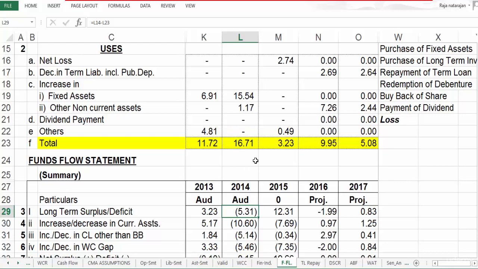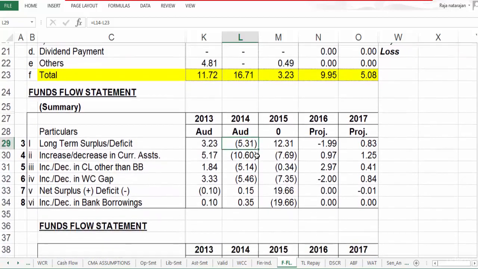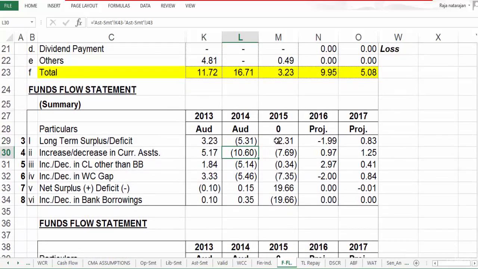From where have they funded? Now I'm going to tweak this a little. Okay, from where they have funded, I made some changes in these numbers. Okay, follow closely. This company has a deficit of 5.31 crore. And here if you notice the increase or decrease in current assets, there is an increase in current assets. That is, some investments were made in current assets to the extent of 2 crore.